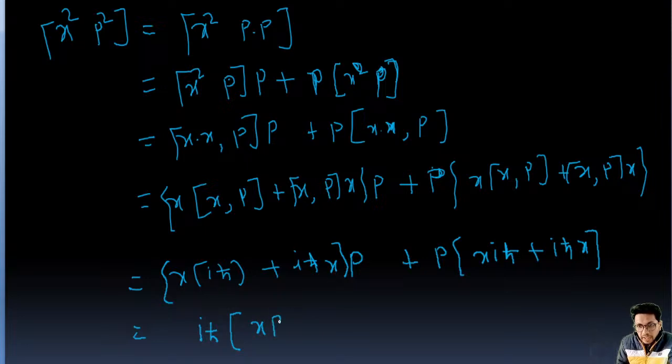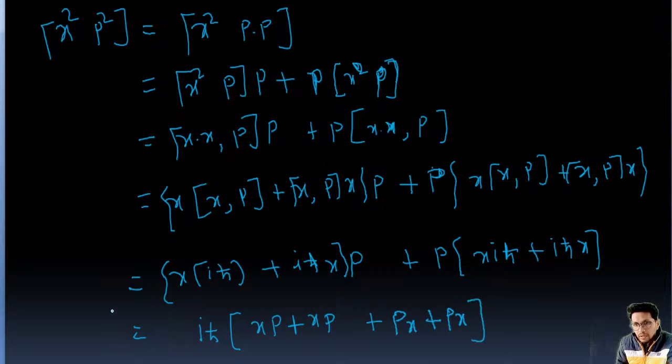So this is going to be x, this is xp plus xp. Here also we'll take i h cut common. Complete i h cut common we are going to take from here as well. So this is going to be px plus px.